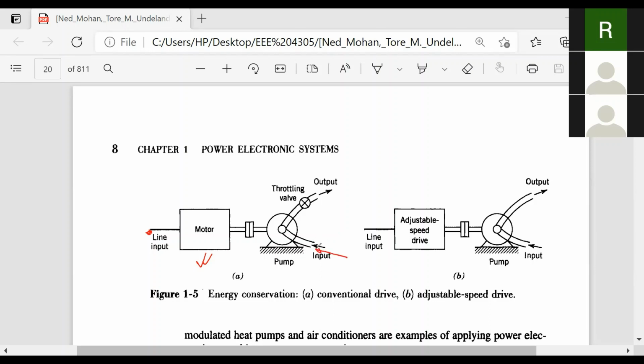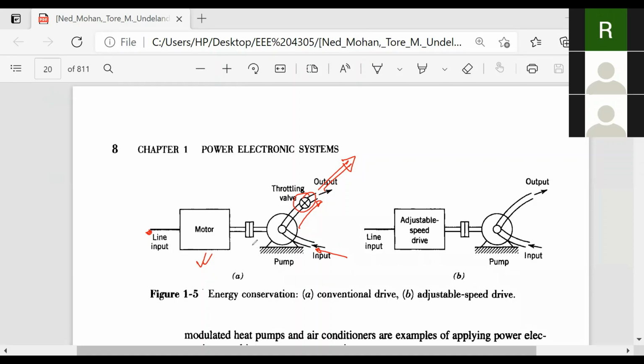Water is coming and you are pumping it, and this is the throttling valve, and this valve does not have any control. If you switch on the motor, the valve will be open and water will go here. Even when your need is fulfilled, suppose you are trying to fill up a tank and you don't have any feedback whether the tank is filled up or not, water will overflow and there will be loss of energy.